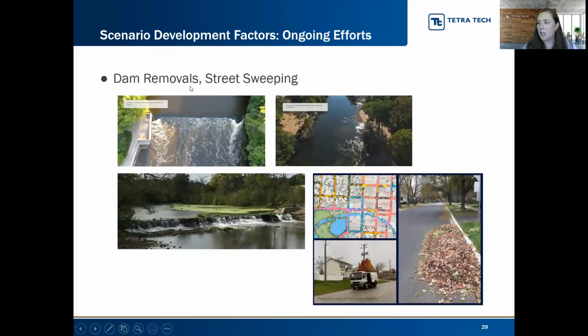As I mentioned, some of the first scenarios that we wanted to run were dam removals. For the most part, the main two that we ran were the Hamel Woods dam removal for the Lower DuPage and the Fullersburg dam removal for Salt Creek. I wanted to mention that we are aware of the street sweeping efforts and the tabulations that are going on with that non-point source TP removal feasibility analysis.